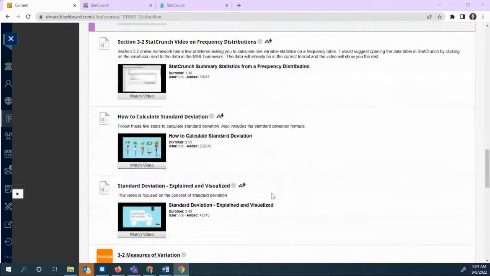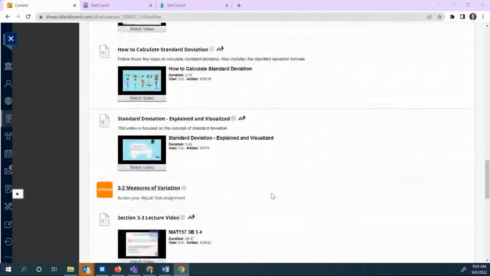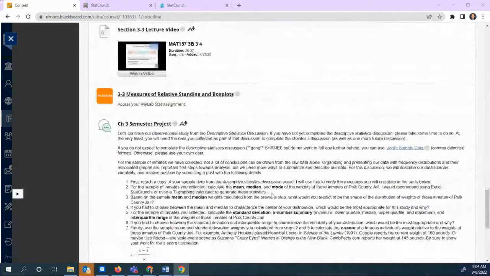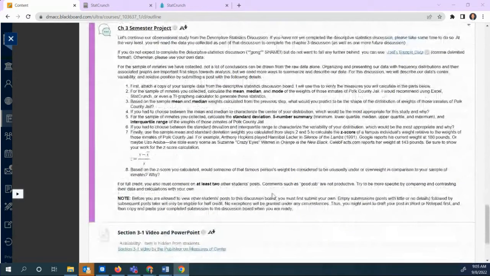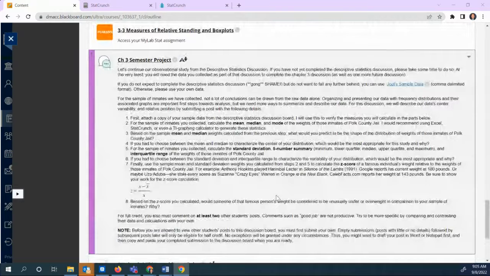I'm going to scroll down here. There it is. Okay, so there's a discussion. What you're supposed to do is take your sample of 30 that you found for the chapter 1 and chapter 2 discussion, and use the mean and standard deviation of that sample as your source.